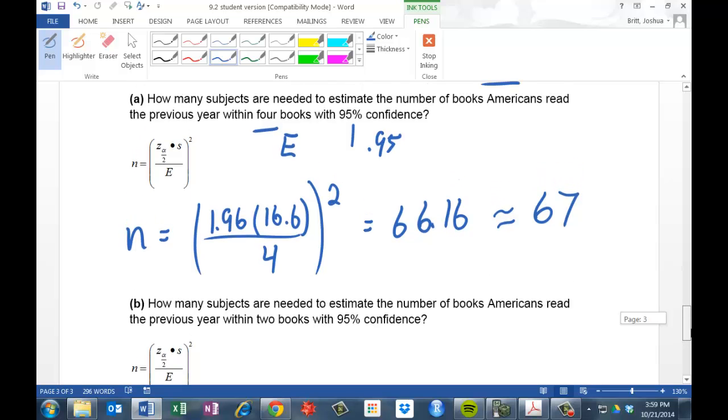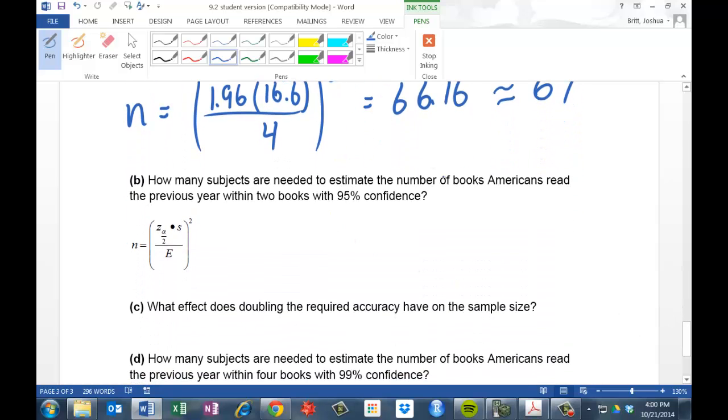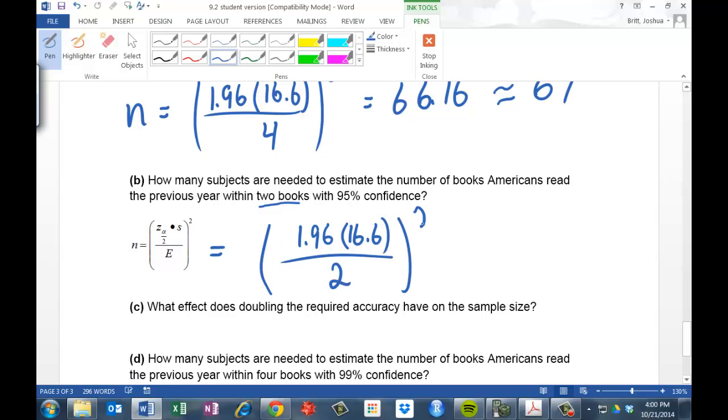Okay, now we're changing, within 2 books. So everything's going to stay the same: 16.6. Margin of error becomes 2.